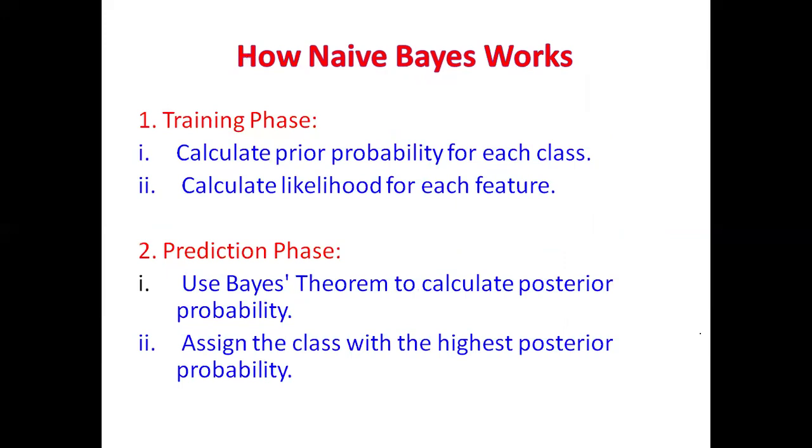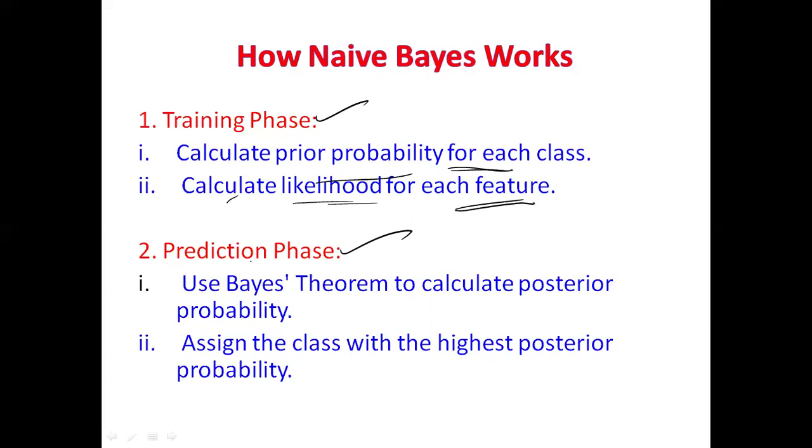Next, how the naive Bayes algorithm works. It works in two primary phases, namely the training phase and the prediction phase. The training phase calculates the prior probability for each class, and also calculates the likelihood for each feature given the class.